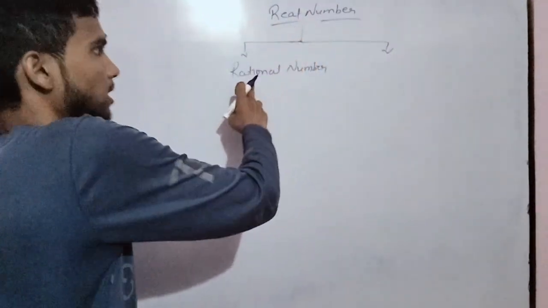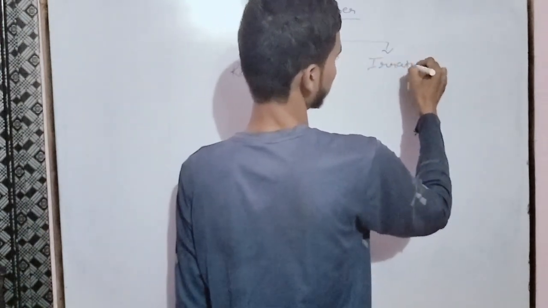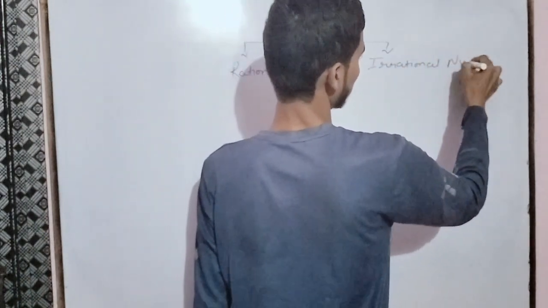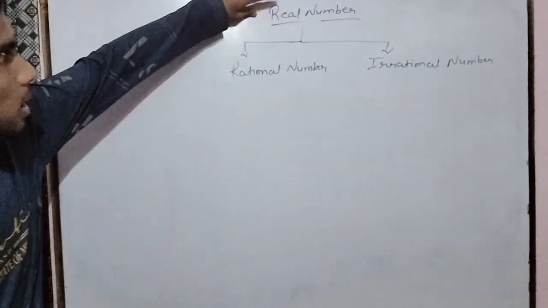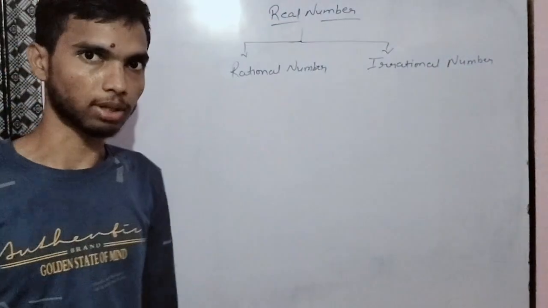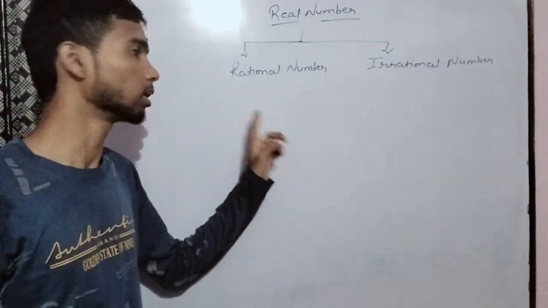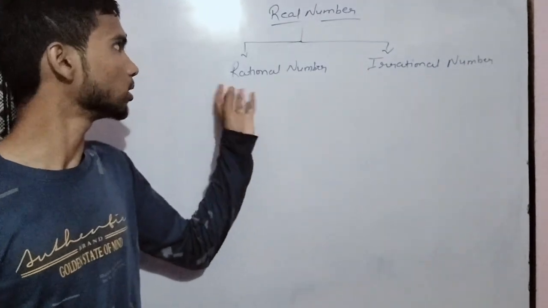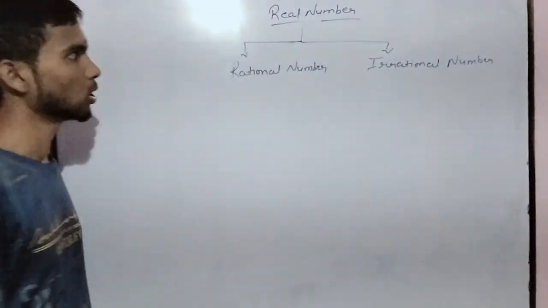So real numbers have both rational and irrational numbers. Till the 9th standard, we have learned the meaning and discussion of rational numbers and irrational numbers.